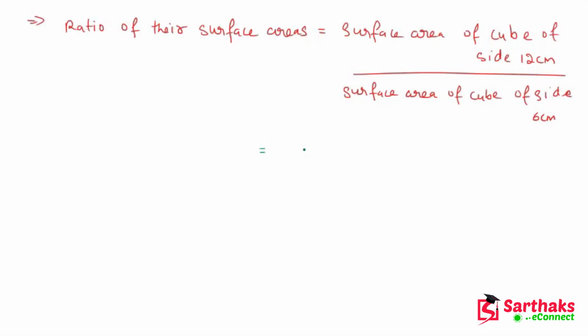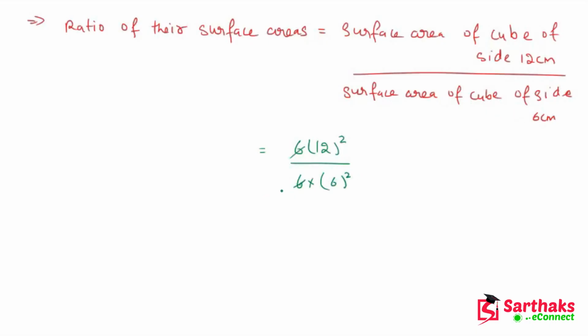We know that surface area is 6 into side square. Here the side is 12, so 6 into 12 square, divided by 6 into the side of the small cube, which is 6, so 6 square.